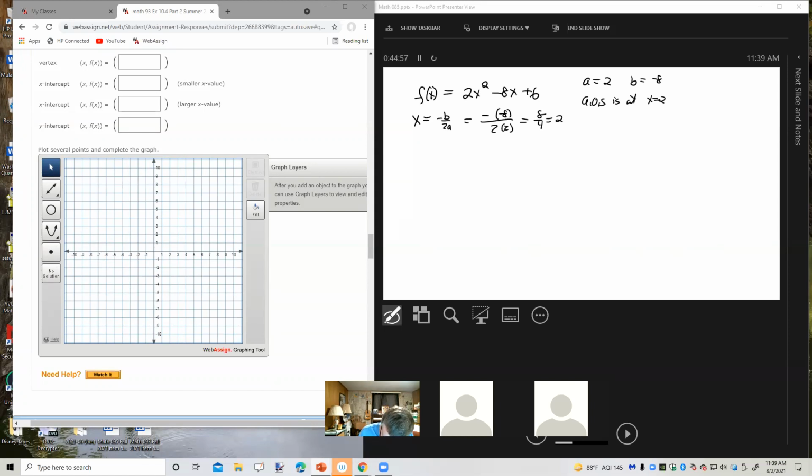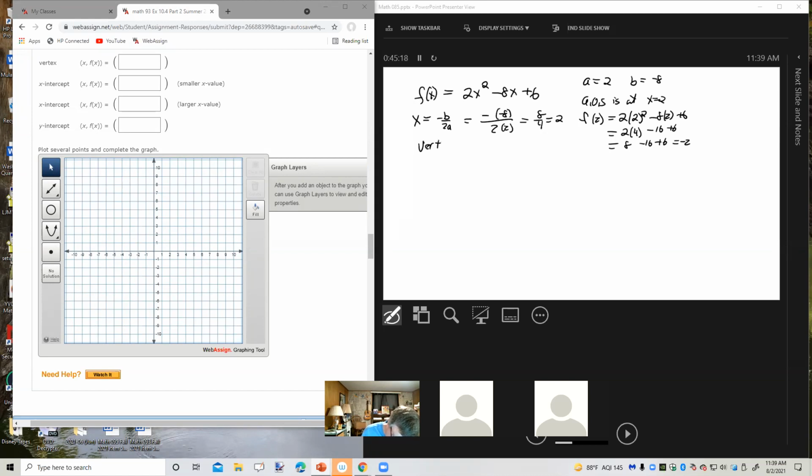Okay, now f of 2 is 2 times 2 squared minus 8 times 2 plus 6, which is 2 times 4 minus 16 plus 6, which is 8 minus 16 plus 6, which is what? Negative 2.